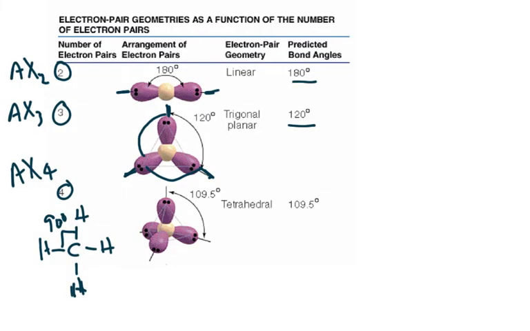And when you have something linear, you have A, you got X, X. And notice that both the 2 things surrounding, the 2 domains surrounding the central atom happen to be atoms. So we're going to call the atoms the bonding pairs. We're going to call a set of dots or lone pairs a non-bonding pair.